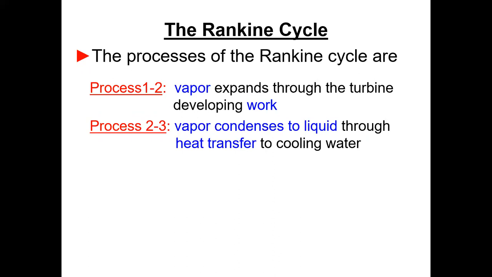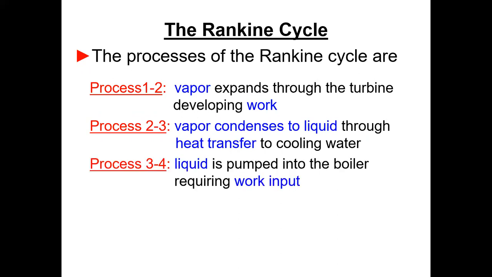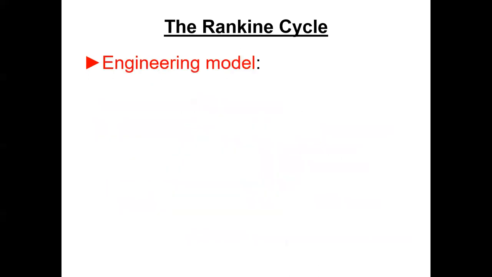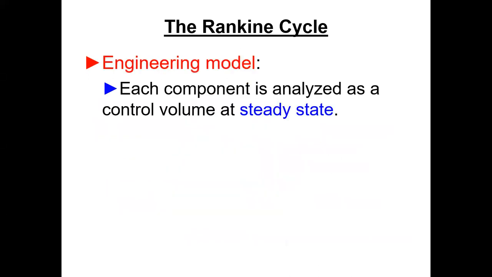Then we have to condense it to a liquid by heat transfer to cooling water, and we've got to pump it back to the boiler. That requires a work input. So we'll wind up with work going in, work coming out, and two heat transfers. And then in the boiler, we have to transfer heat to it to evaporate it or superheat it, whatever the case may be.